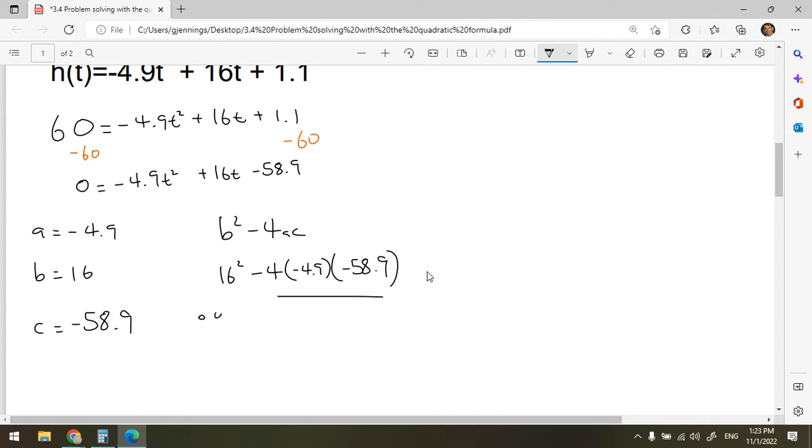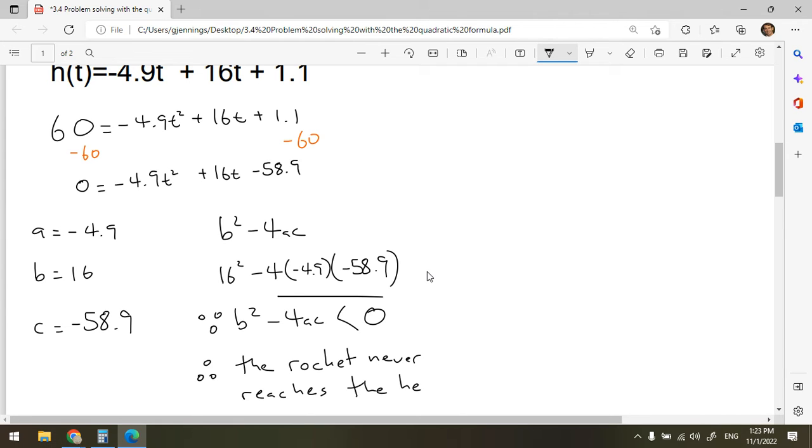So since b squared minus 4ac is much less than 0, therefore the rocket never reaches the height of 60 meters.